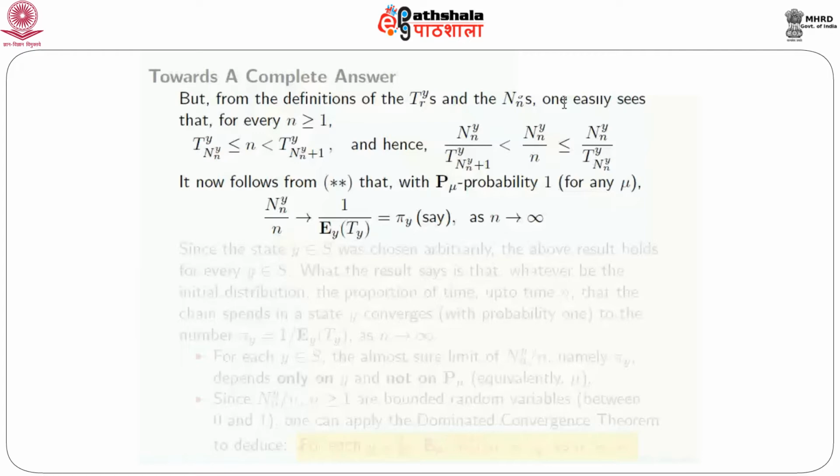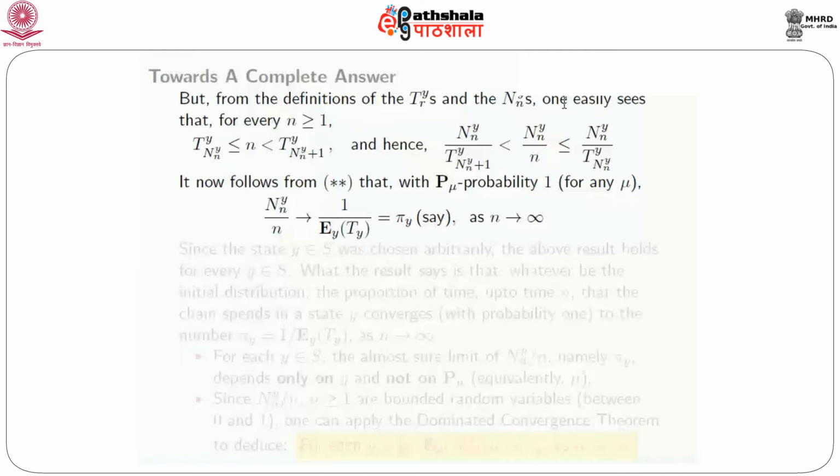So these things would go to 1 over E_y T_y. That forces the middle thing, N_y over n, to go to the same limit, which is 1 over E_y T_y. Let's call it π_y as n goes to infinity, and this happens with P_μ probability 1. So the final result is that N_y over n goes to 1 over E_y T_y, which we call π_y, as n goes to infinity.